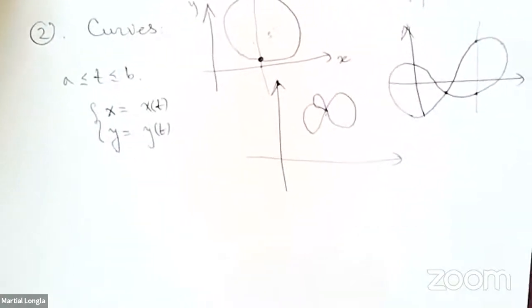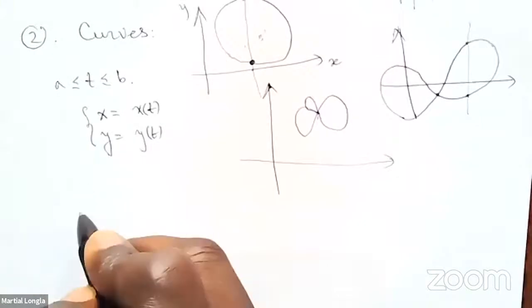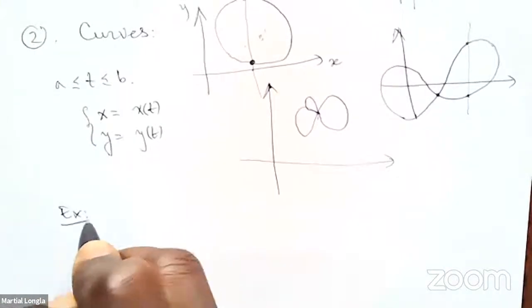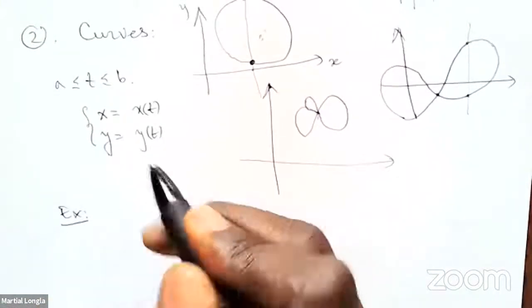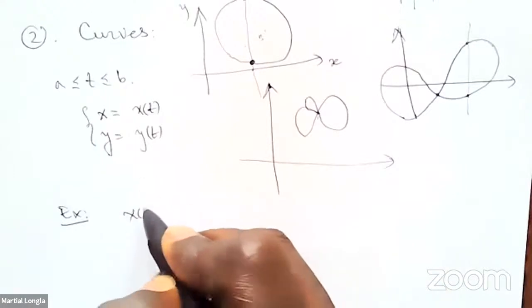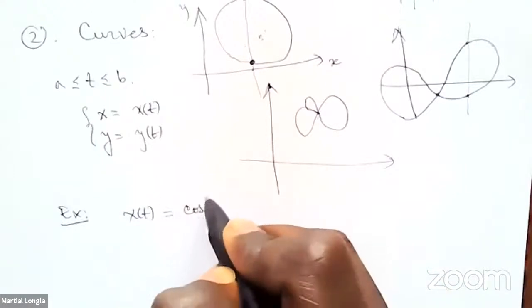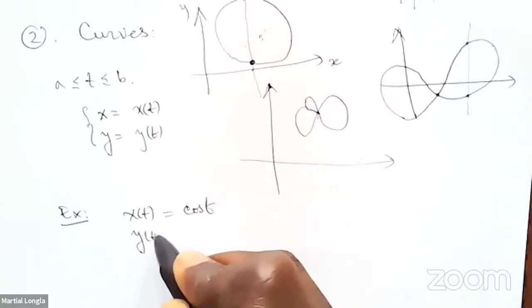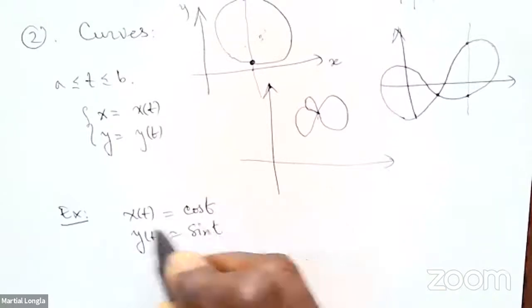Okay. Let's say an example of this would be, let's say x of t equals cosine of t, y of t equals sine of t.